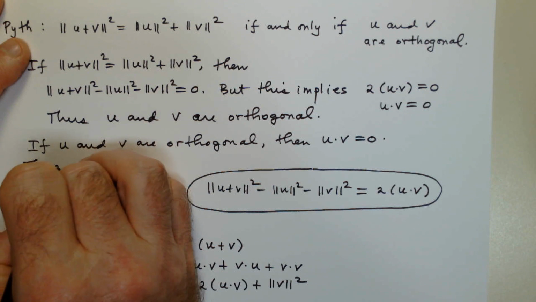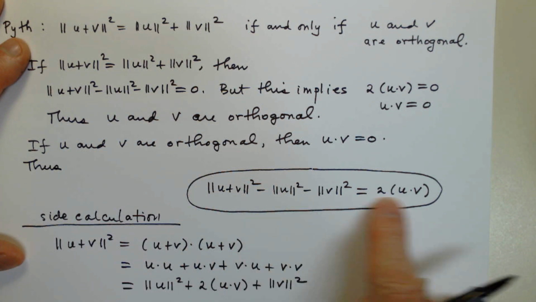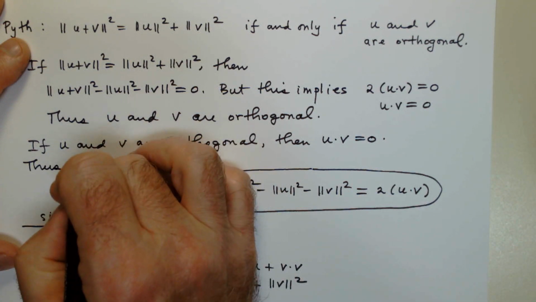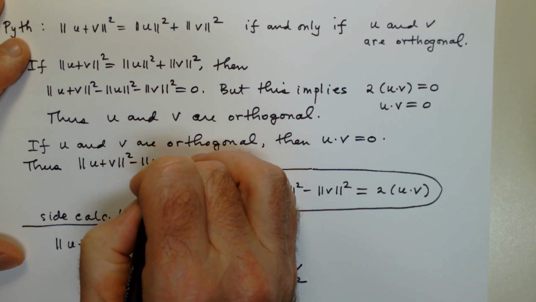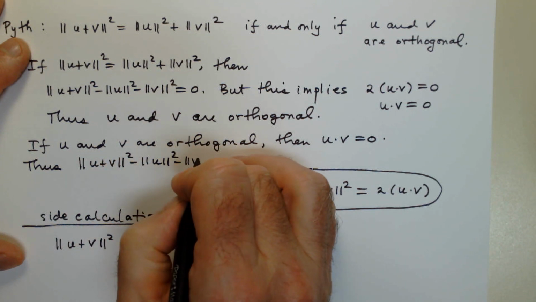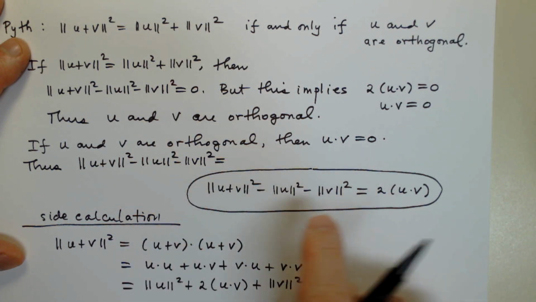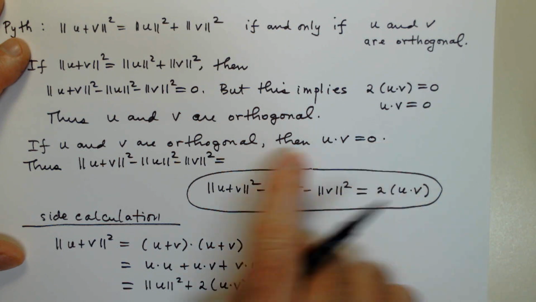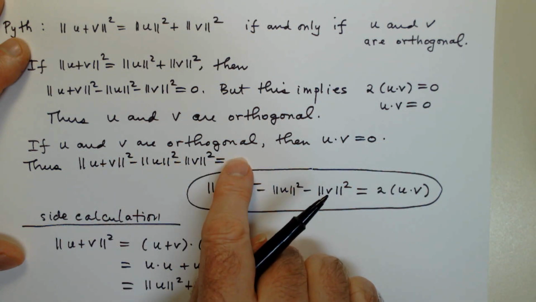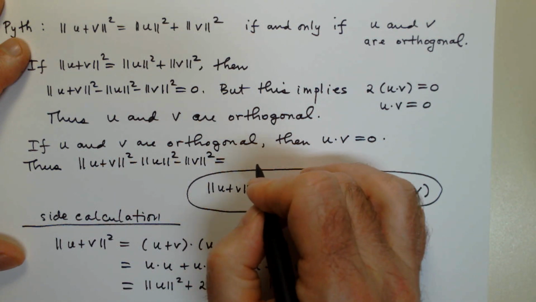Thus, according to our master formula, since that's equal to 2 times the dot product, and since the dot product is equal to 0, this has to equal 0.